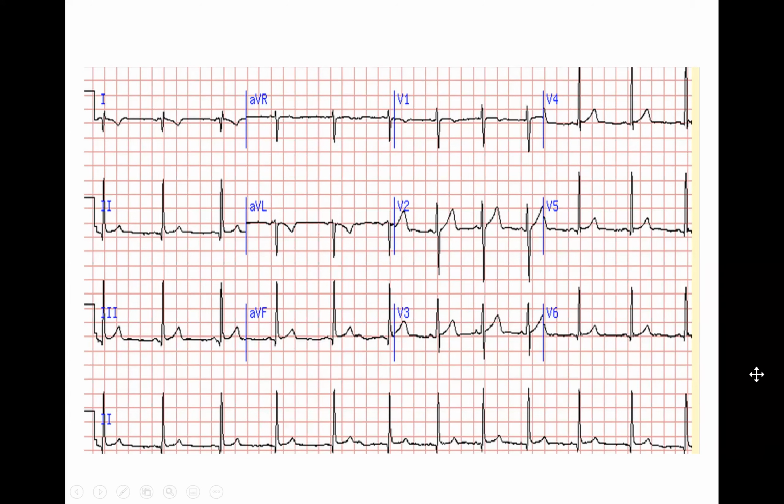Okay, this is a 12 lead ECG, which is sinus rhythm. You can see it in lead 3, B wave. Early transition in V2 of the R wave. The axis is left axis.